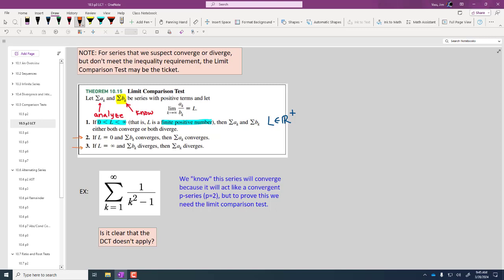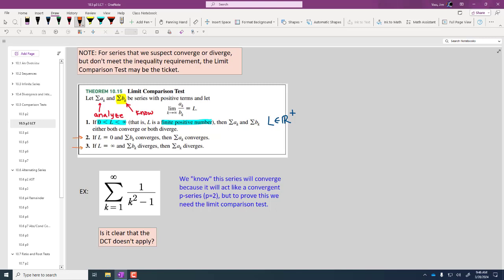So if this limit is 0, and we have a b sub k series that converges, isn't the limit of b sub k 0 if the b sub k series converges? Right? Any series that converges, the terms have to go to 0. So if we're choosing a b sub k series that converges, we know the limit of b sub k is 0.